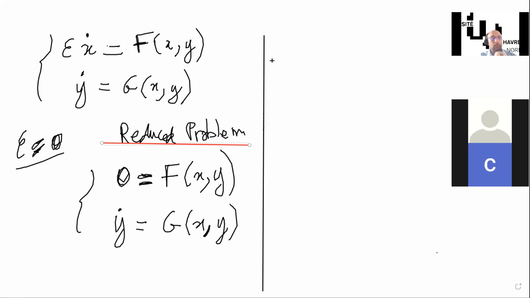Okay, but now I want to make a change of time. So assume the time here is t, and we're working with x of t and y of t, and I want to make epsilon disappear here.